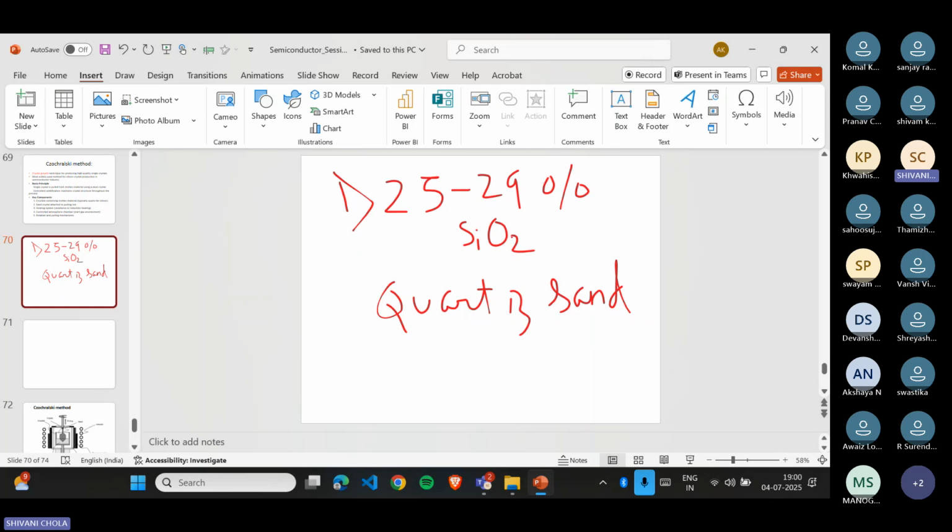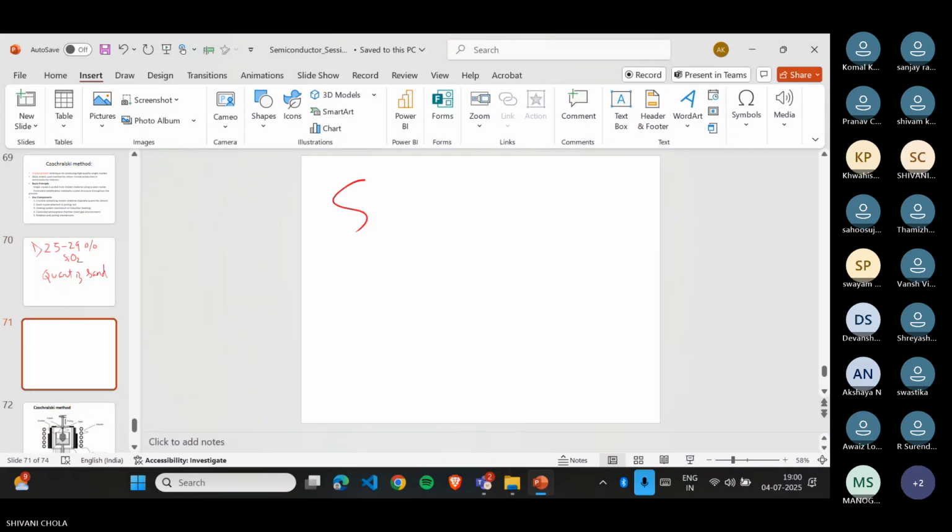Okay, and when you collect this quartz sand, which has a majority of silicon dioxide, you pass it through a crusher, with mining and crushing, and you get small chunks, like sand. Then you react this silicon dioxide with carbon in an electric furnace.